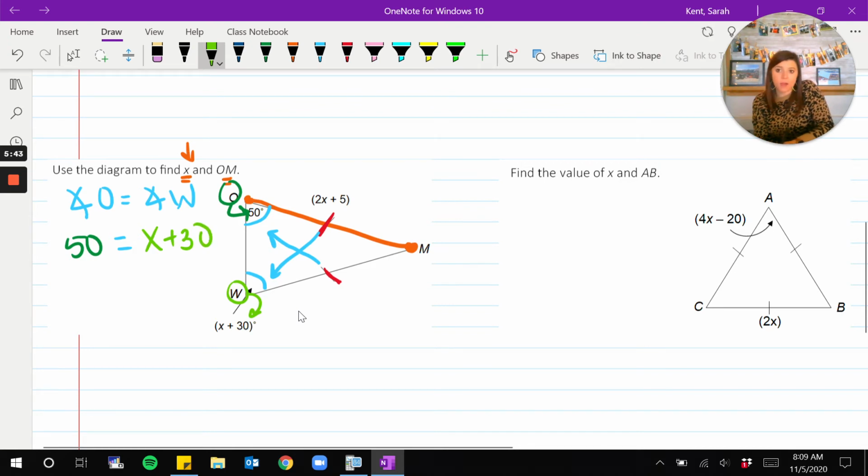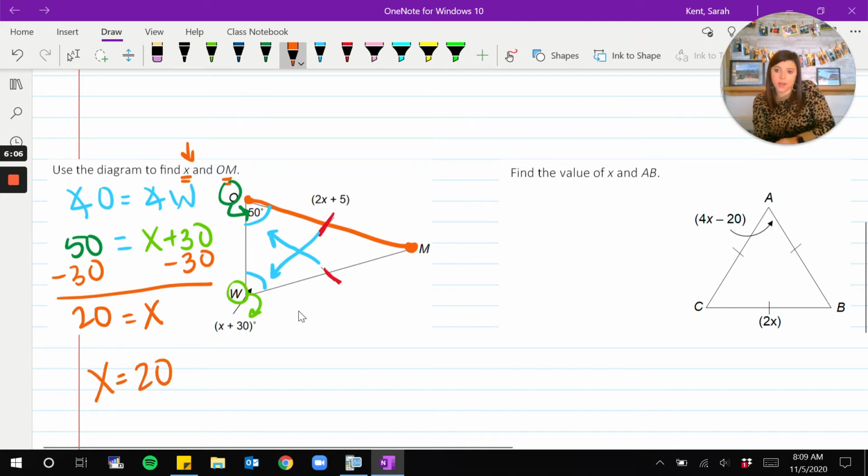So now I can solve this. Here I want to know what number plus 30 will equal 50. So I can subtract 30 from both sides and get that x equals 20. So the first part said to find x, so I have x. X equals 20.